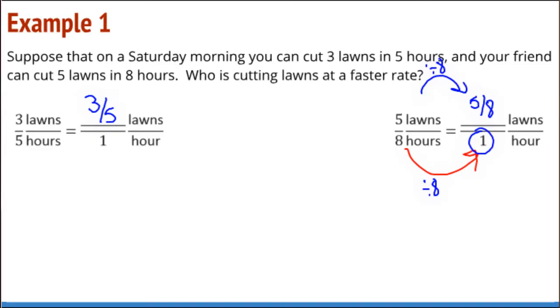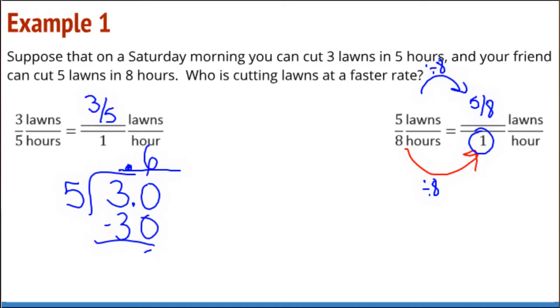So now I have some fractions. I could, if I wanted to, convert these to decimals, which might make it a little bit easier to compare. And I find out that this 3/5 is 6/10 of a lawn in 1 hour.